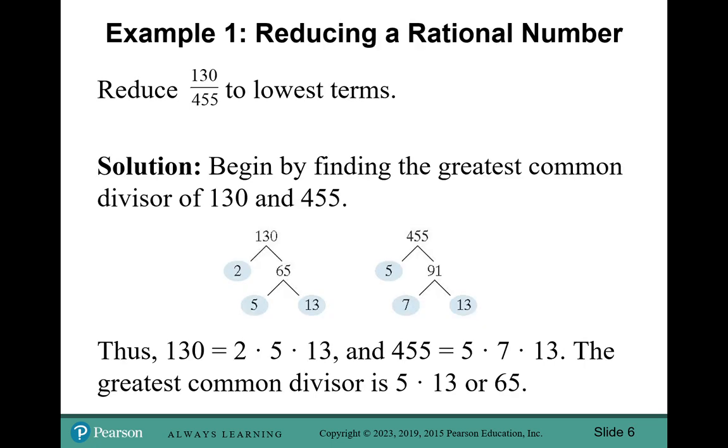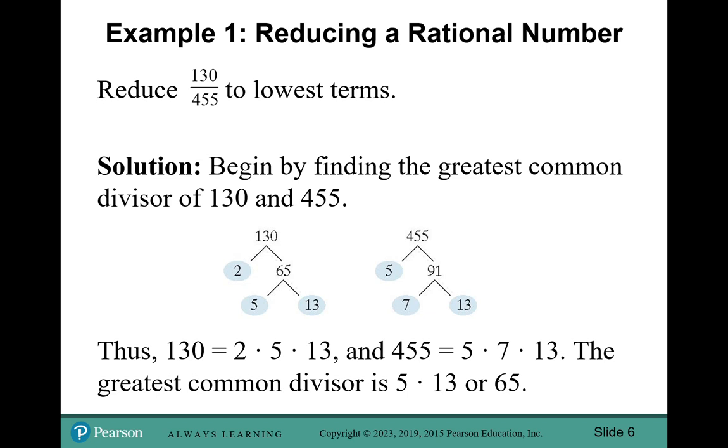Now we've gone over greatest common divisor. Let's practice reducing using the greatest common divisor. We want to reduce 130 over 455 to the lowest terms. Our solution: we will begin by finding the greatest common divisor, or greatest common factor, same thing, of 130 and 455.